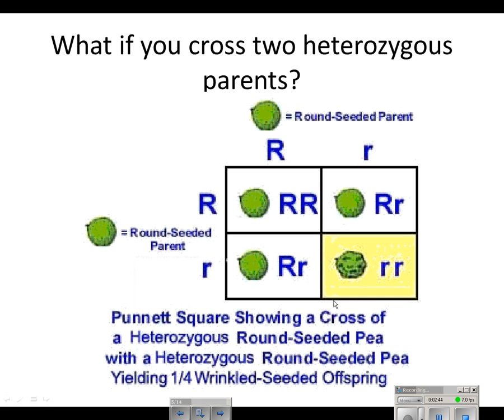Then if we cross two heterozygous parents, we would end up having a multiple combination. We would end up with 25% being homozygous dominant and 50% being heterozygous, and then 25% being homozygous recessive. So then that appearance or phenotype reappeared when he crossed two heterozygous individuals.